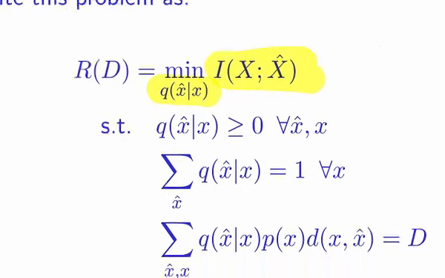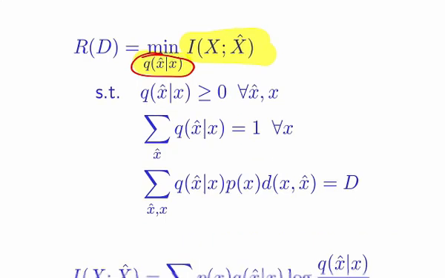But we have a bunch of constraints, right? We can't just say minimizing over the conditional distribution. We need to express what it is about a conditional distribution that makes it a conditional distribution. So let's say we minimize over this matrix. This is really just a matrix of values, subject to, on the one hand, it has to be non-negative.